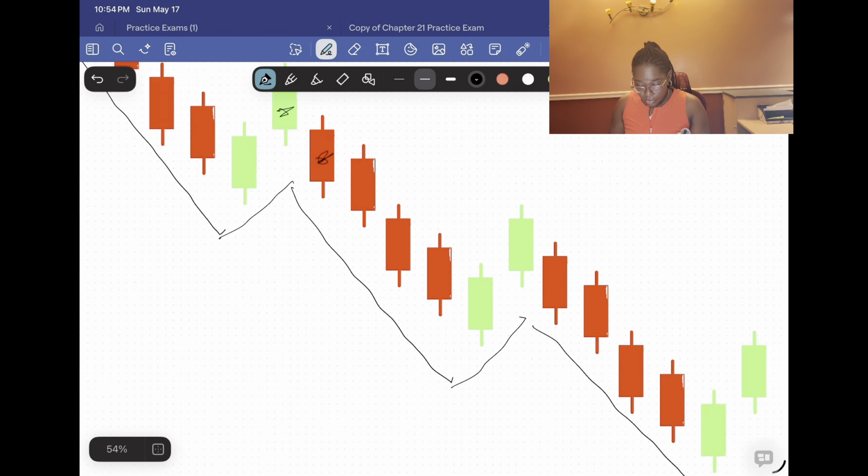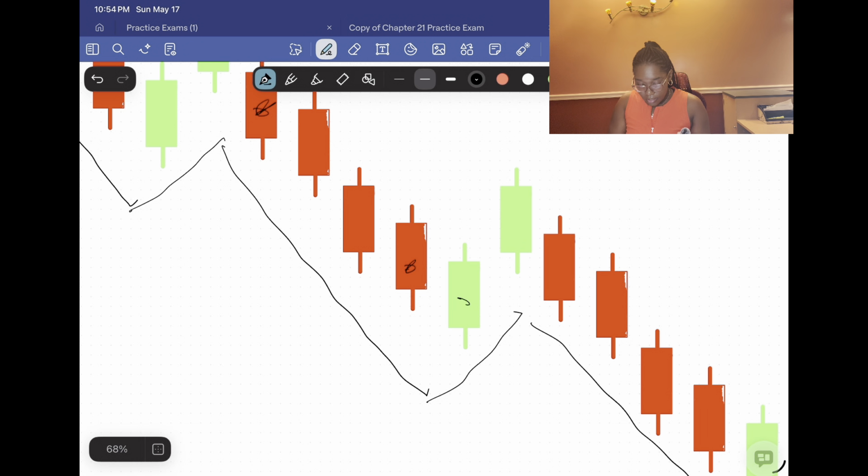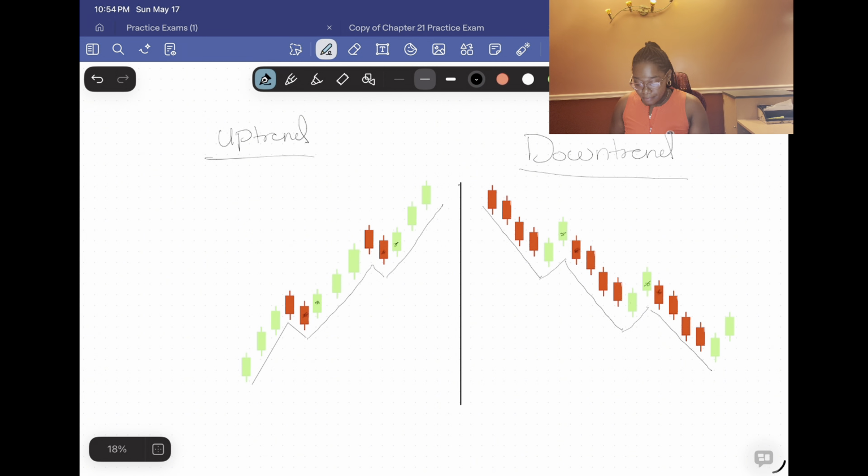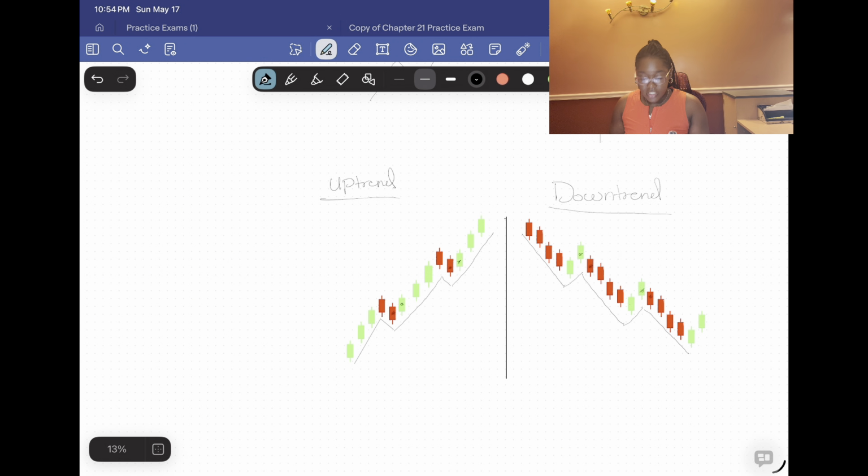So here's your low, and then here is a high. I hope that made sense. So that is our distinction between an uptrend and a downtrend.